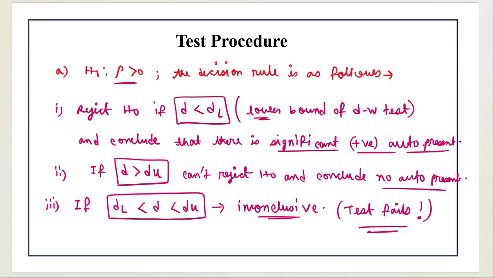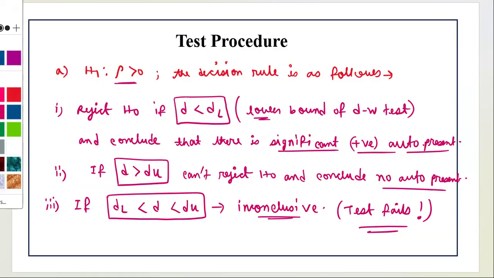I hope these three things are absolutely clear, where this lower bound and the upper bound will be given in the table provided by Durbin and Watson. These values will vary with the number of observations that we use, and also the number of explanatory variables in the regression model.